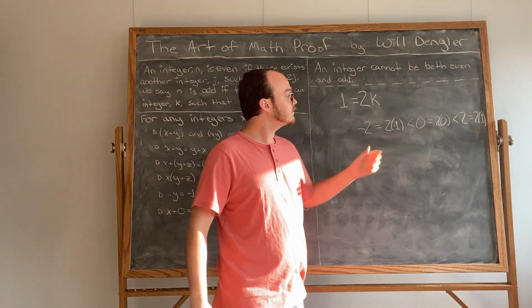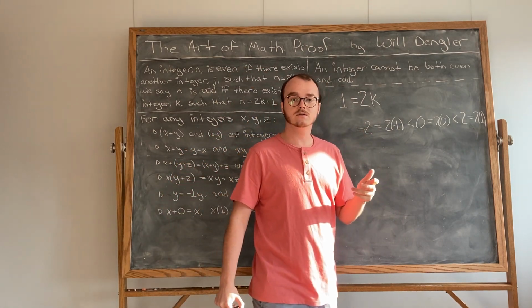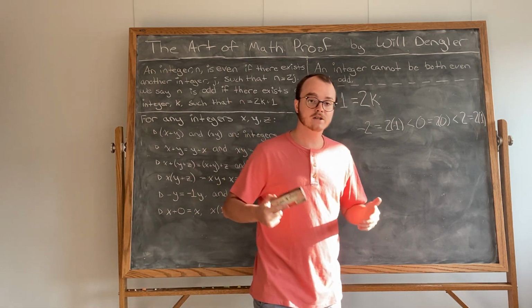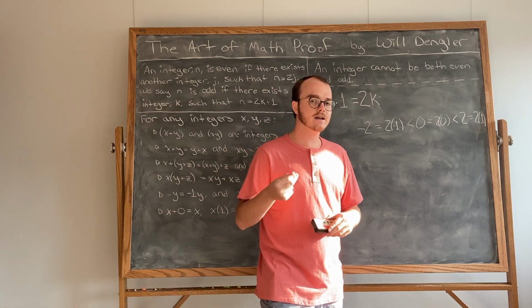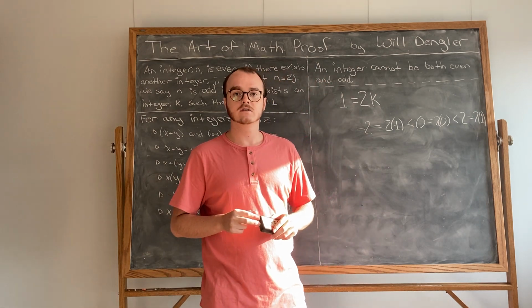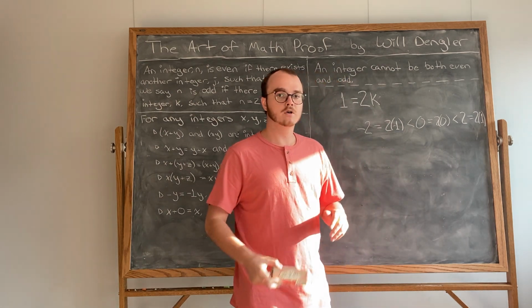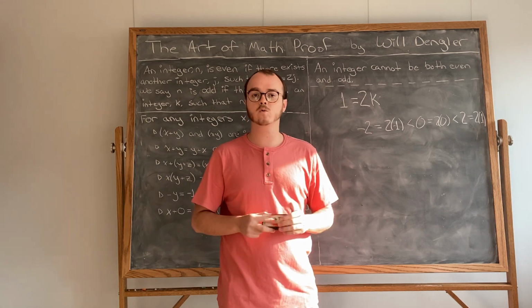Well, we know that k can't be 1 because 2 times 1 is 2, which is greater than 1. So therefore, k has to be strictly greater than 1. But if we multiply any integer greater than 1 by 2, we're going to end up with an integer greater than 2, which is of course greater than 1.